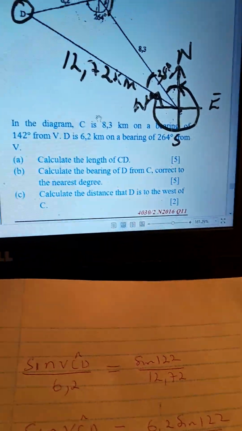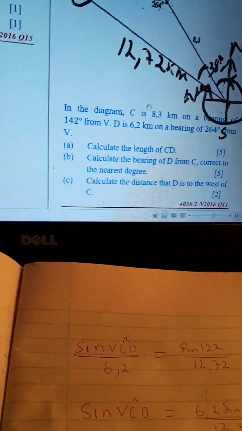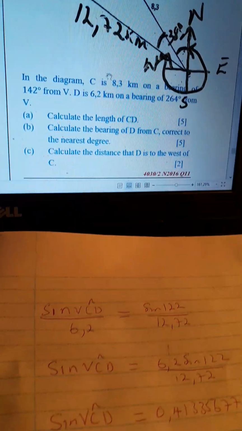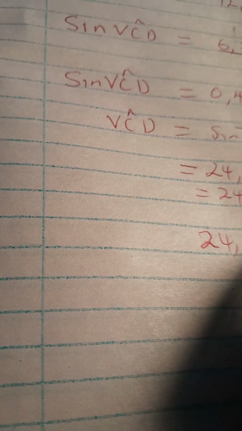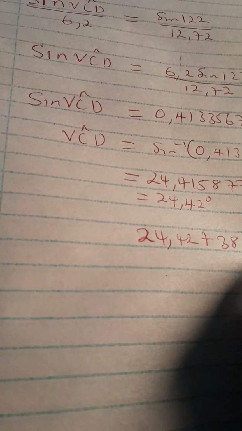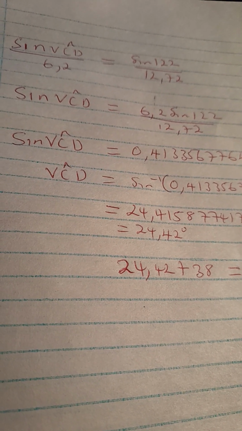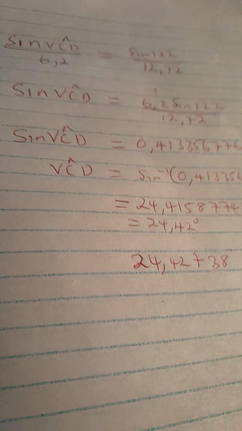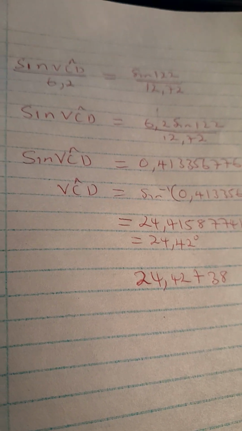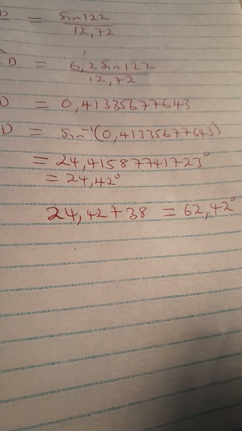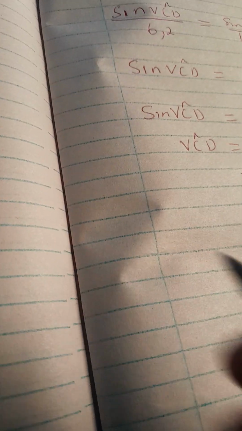So now we add 24.42 plus 38 degrees. What do we get? We get 62.42 degrees.